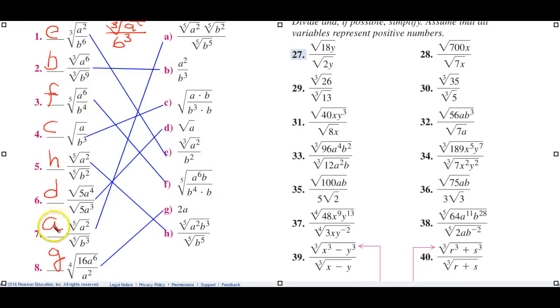And I thought number 7 looked a little tricky. Notice, to rationalize this denominator, you have to multiply it by the fifth root of b to the second, and in the top, the fifth root of b to the second. Remember, this is a 1, which we are allowed.